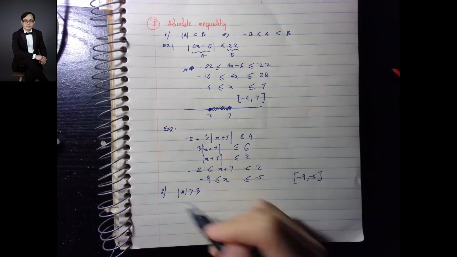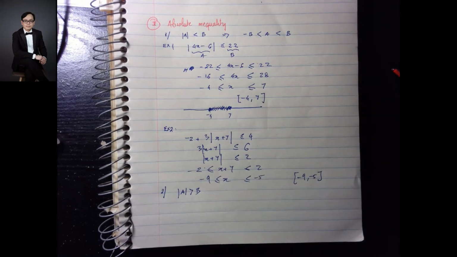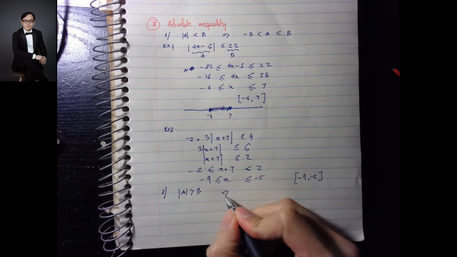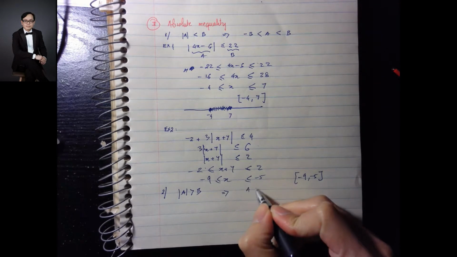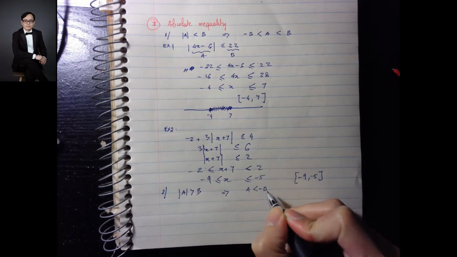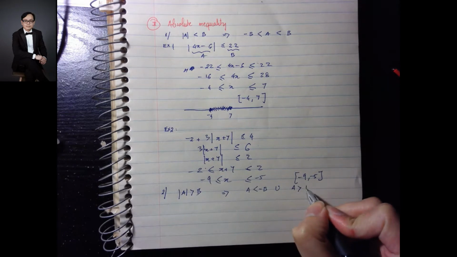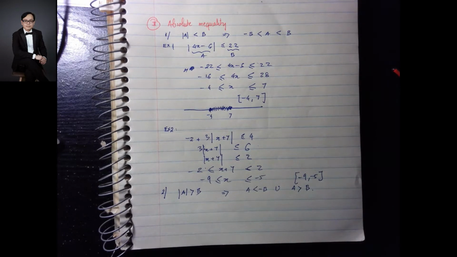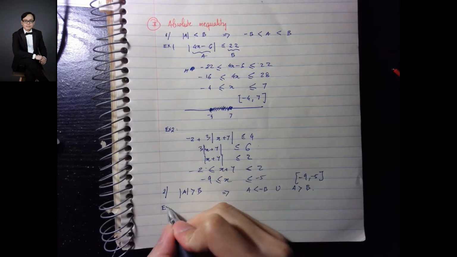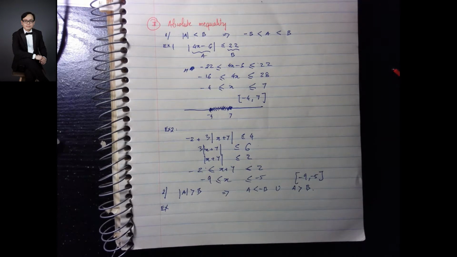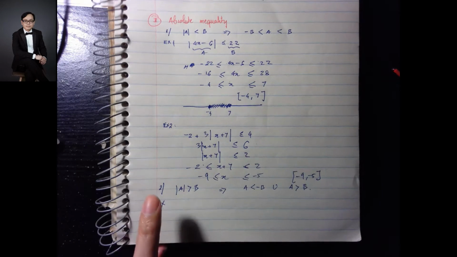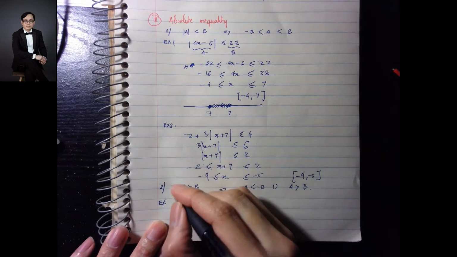So if the absolute value of A is greater than B, then A is less than negative B, union with A greater than B. Every time you see the greater than sign, you have to bring it back to this form in order to apply the formula. This is the formula.